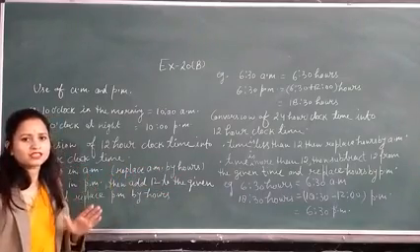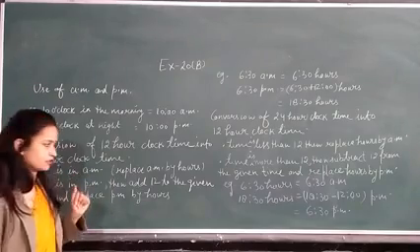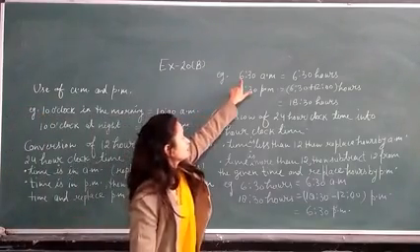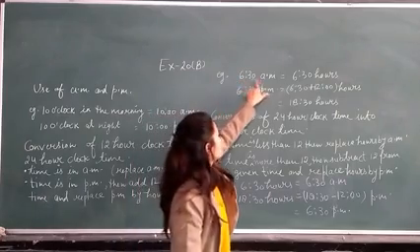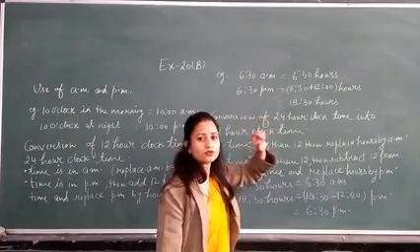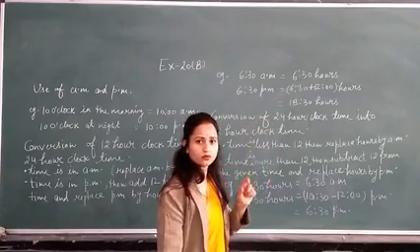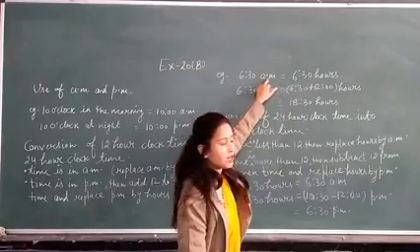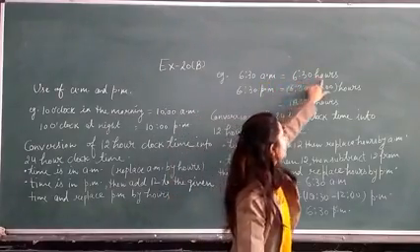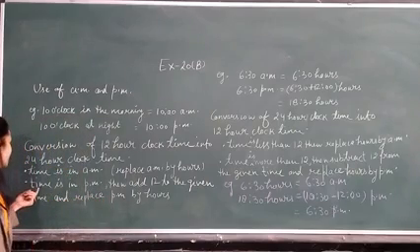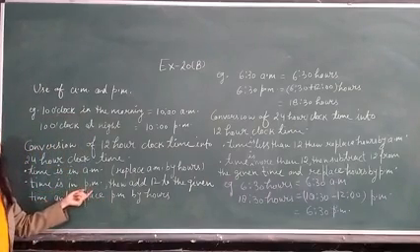Only replace AM by hours. For example, see, time is in AM, 6:30 AM. So for converting 12-hour clock time to 24-hour clock time, we will replace AM by hours. 6:30 hours. Understand?